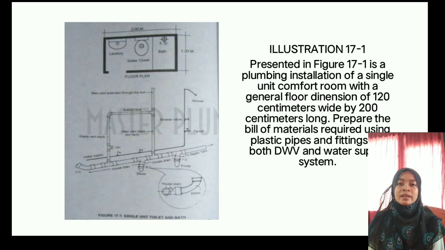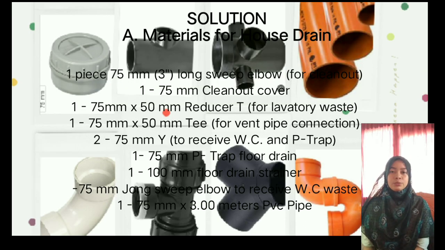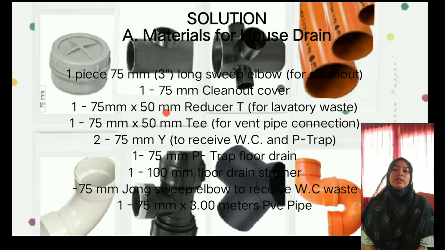Presented in Figure 17-1 is a plumbing installation of a single unit comfort room with general floor dimensions of 120 centimeters wide by 200 centimeters long. Prepare the bill of materials required using plastic pipes and fittings for both the DWV and the water supply system. Here is the solution, or the materials that we need.